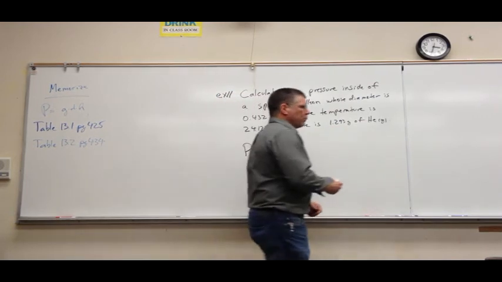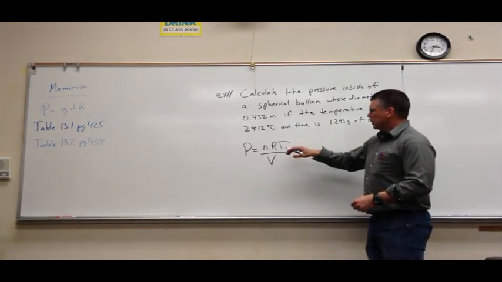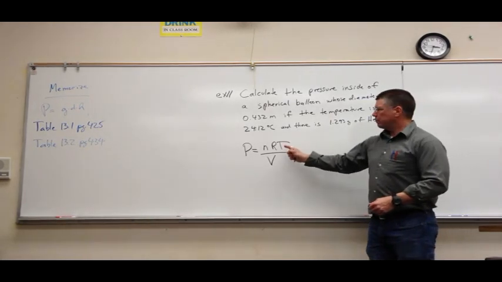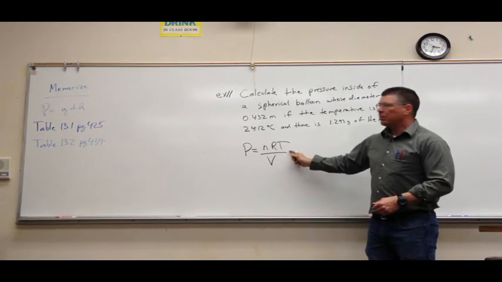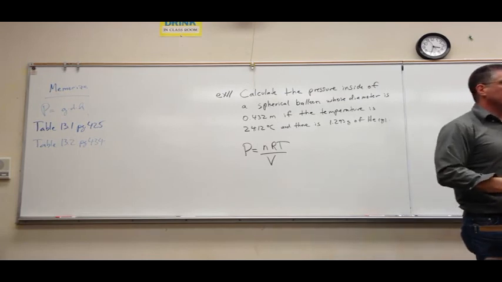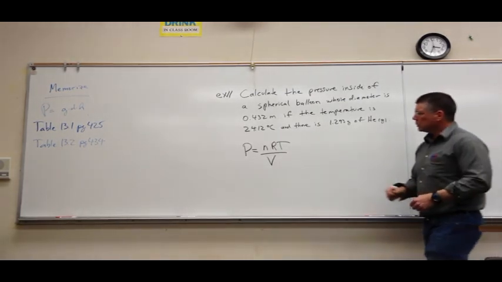When you look at those units of the gas law constant, you'll notice that they all have Kelvin in them. The temperature in an ideal gas law problem always has to be in Kelvin. Typically, you're given it in Celsius because most of the time you see Celsius thermometers, like the ones in your lockers in the lab.